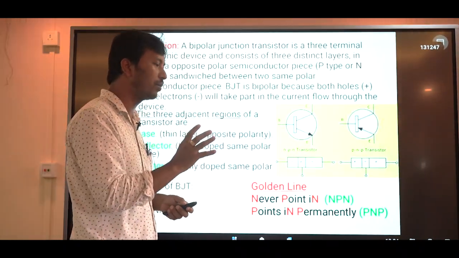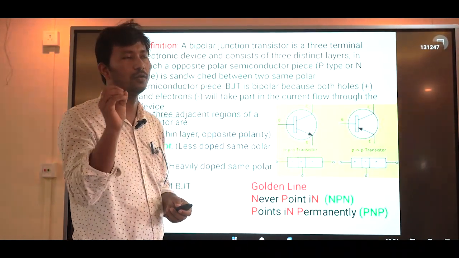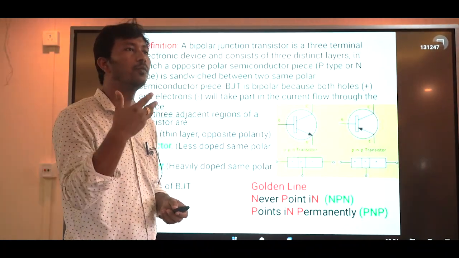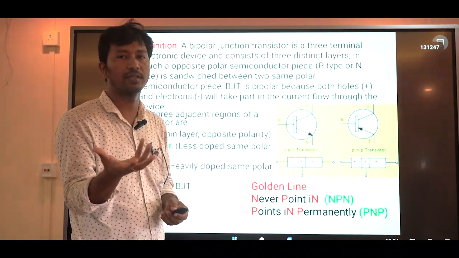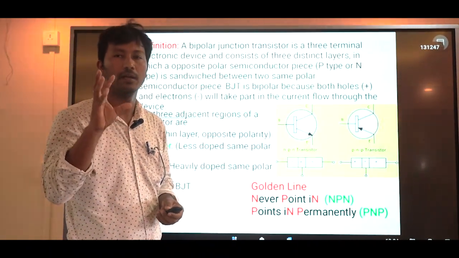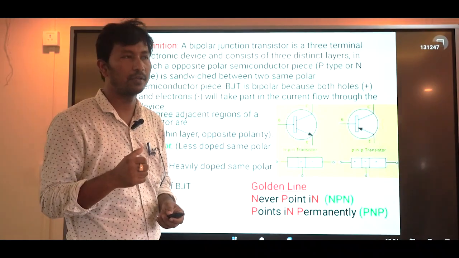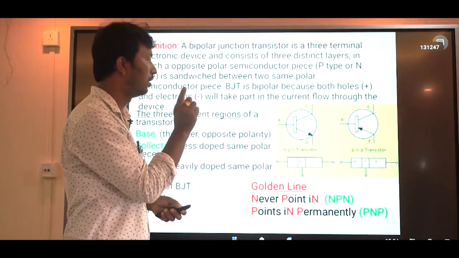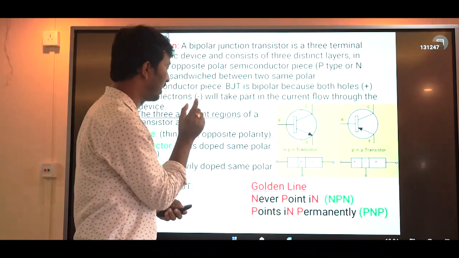P type semiconductor can be constructed by doping a trivalent impurity into an intrinsic semiconductor, and similarly the N type semiconductor can be constructed by doping a pentavalent impurity into an intrinsic semiconductor. So we have these two types of extrinsic semiconductor, one is N, one is P.